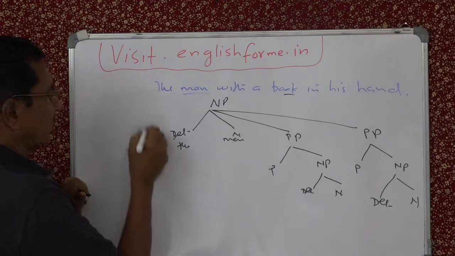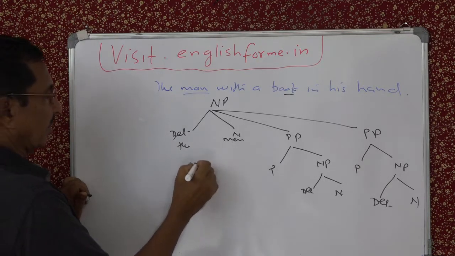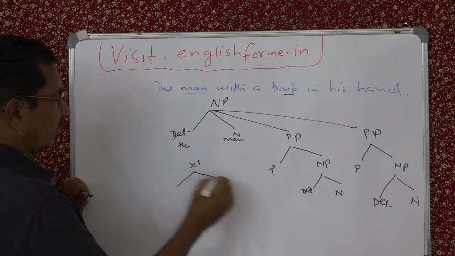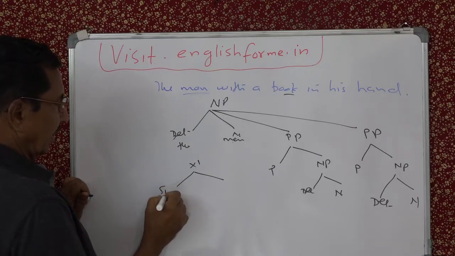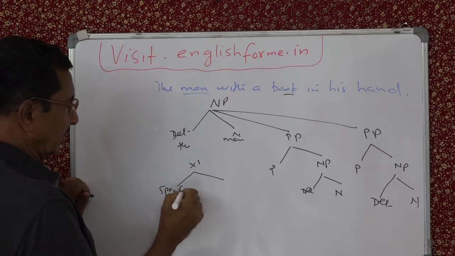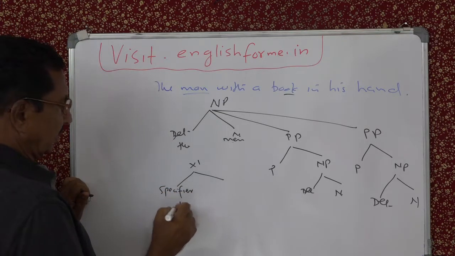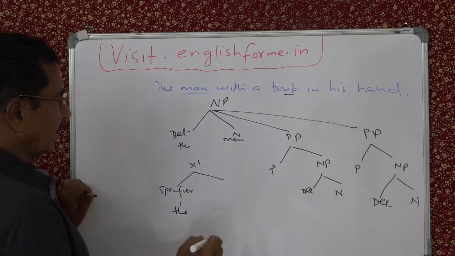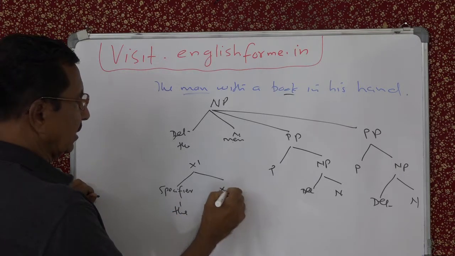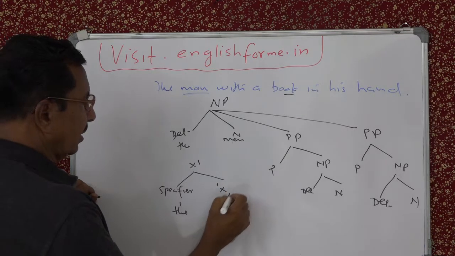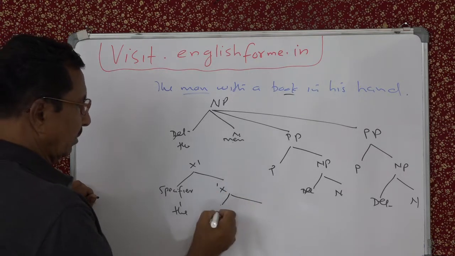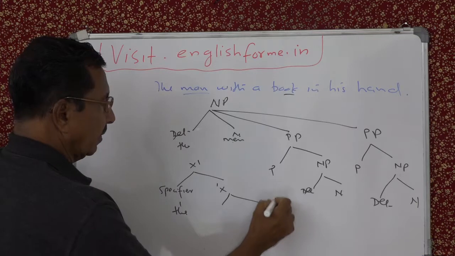Present is X-bar. Now you specify. In X-bar we don't say determiner but we say specifier. Specifier is "the." And then we have again the next projection, X-bar and X-bar and adjunct.